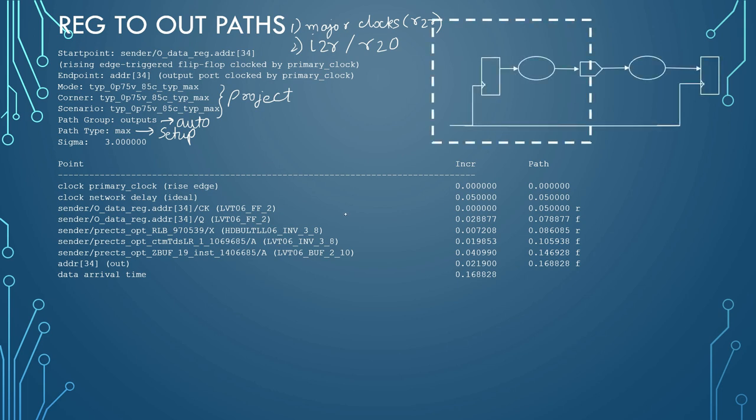If you see here, this is the graphical representation of this, and this is the start point. As we talked about, this is nothing but sender slash o data reg 34 bit. So this is your start point, and output is the end point. The output is address slash 34. We can simply write it as EP, endpoint. In between there is some logic, that is your combo logic, which is represented here.